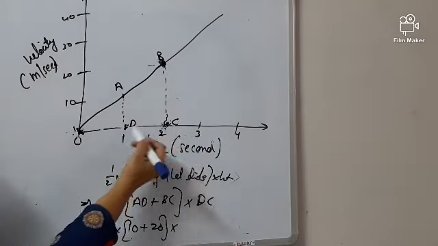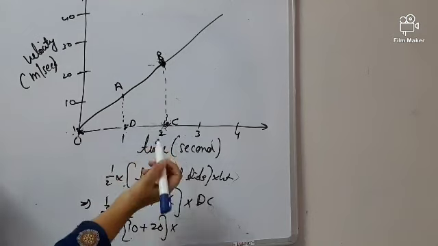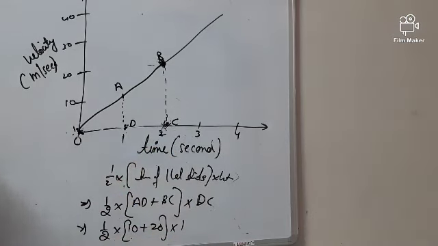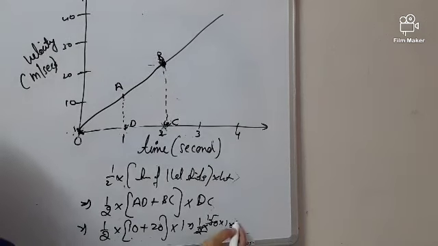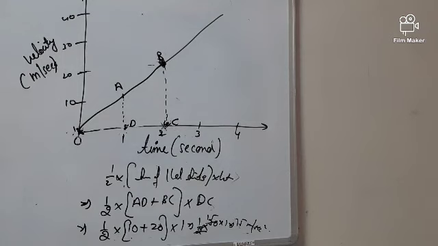And DC starts from 1 and ends at 2, so 2 minus 1 is 1. Got it? Now when you calculate it, it's half into 10 plus 20, 30, multiplied by 1. It gets cancelled, 2 ones are 2, 2 15s are 30. So it is 15 meter. This will be your answer.